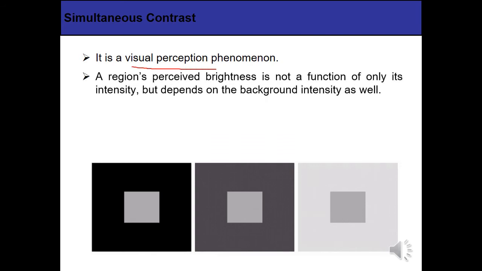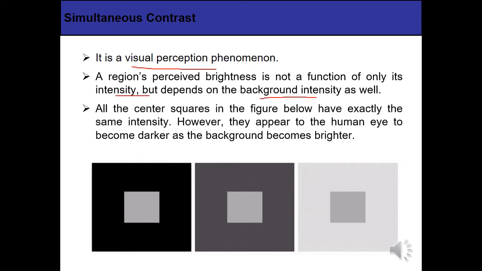A region's perceived brightness is not only a function of its intensity, but also depends on the background intensity. In this particular image, you can see that there are three squares. The backgrounds are black, gray, and lighter, but out of these three you can see that this smaller square is more visible.